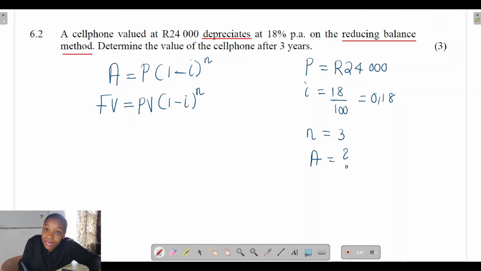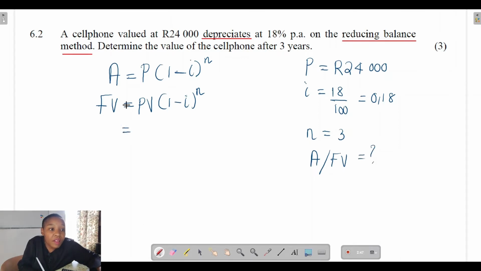You can also write that formula like that. We're going to substitute all those values into our formula and solve for our A or our FV. That is what we are looking for.